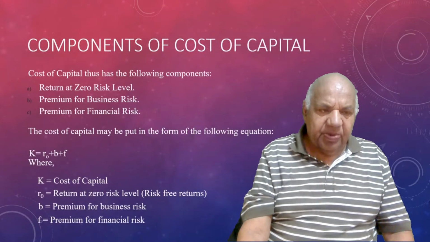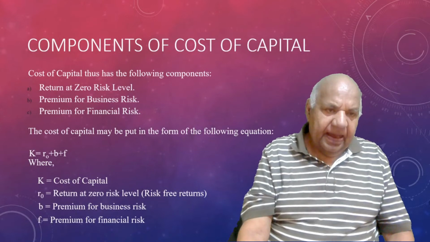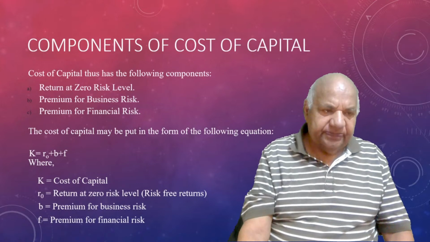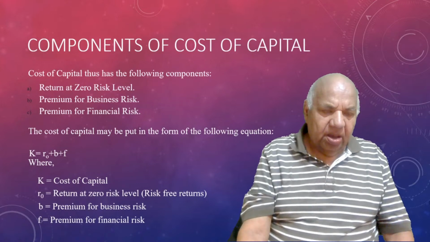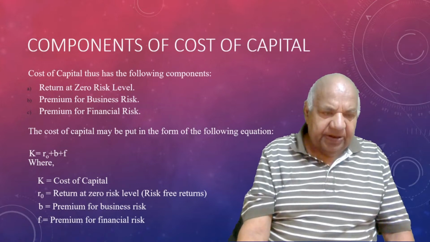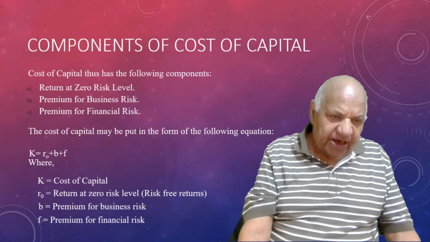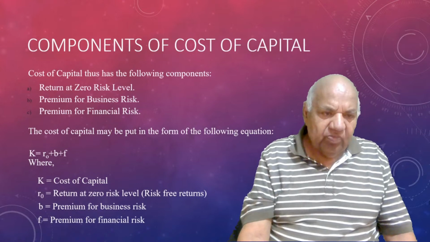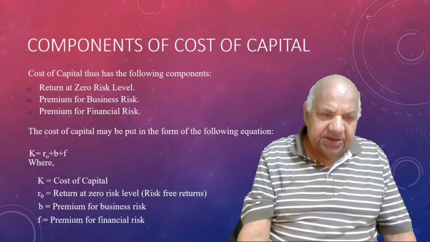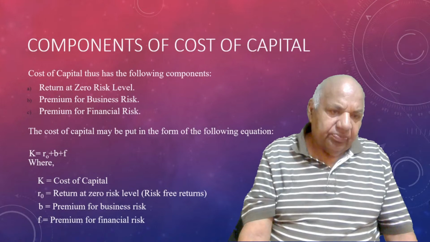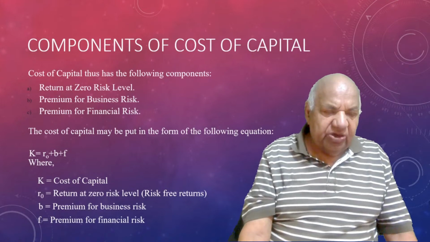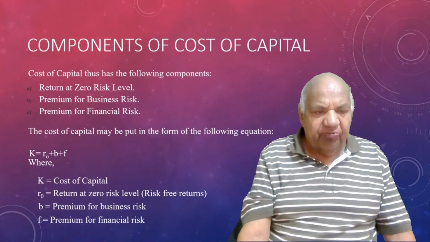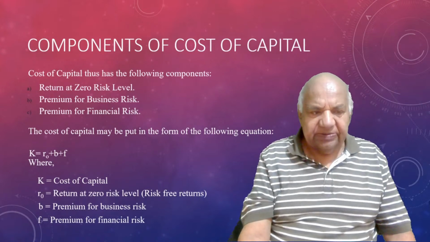Components of cost of capital. Cost of capital thus has the following components. Return at zero risk capital, that you may say with the government bonds, etc. Premium for business risk, the type of business in which we are obtaining the cost of capital, and premium for financial risk.